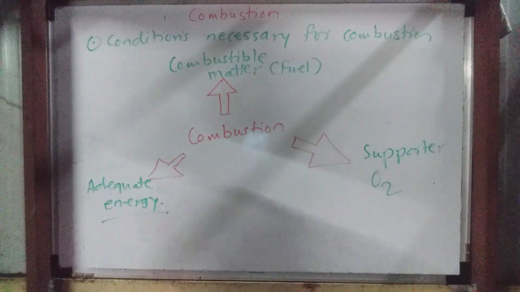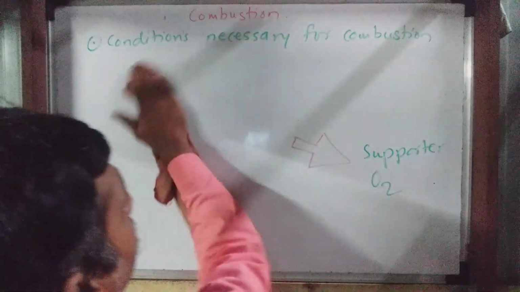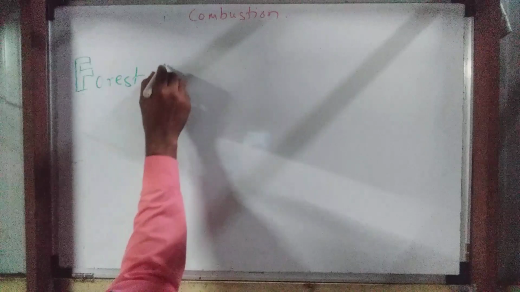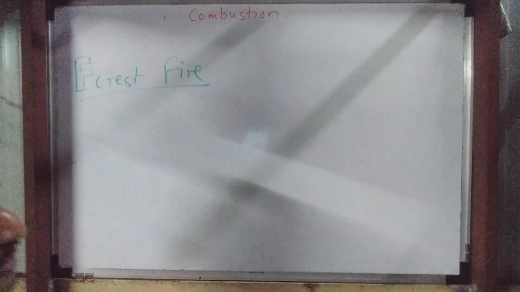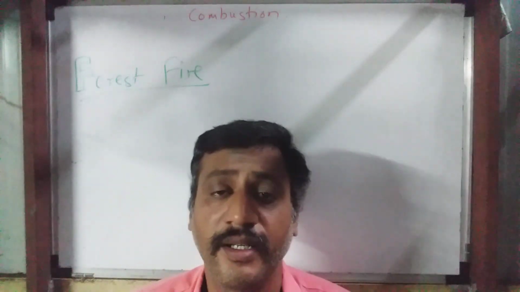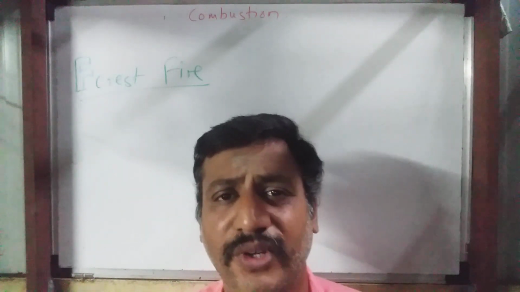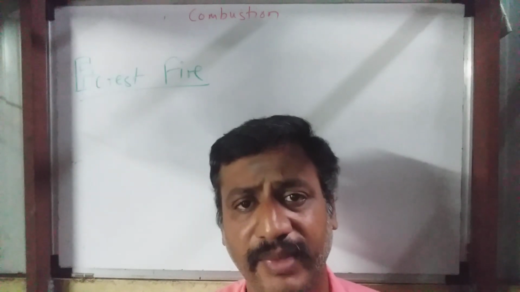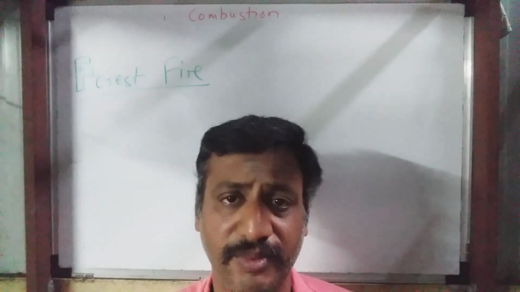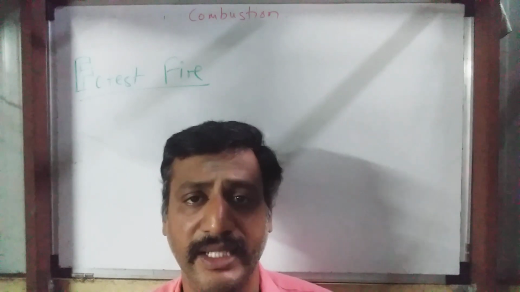Now besides this, let's see the next one, that is forest fire. Two mechanisms are given. Sometimes we listen to the news about a forest fire occurring somewhere. The forest fire may occur either because of a manual reason or because of a natural reason.